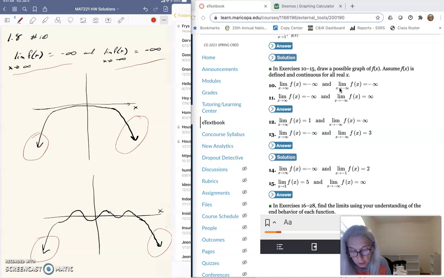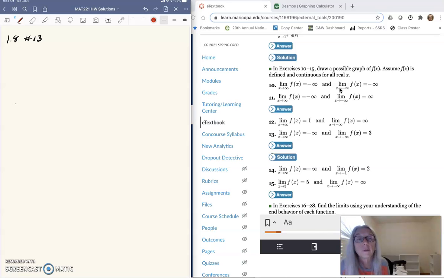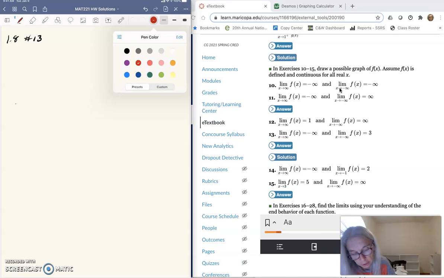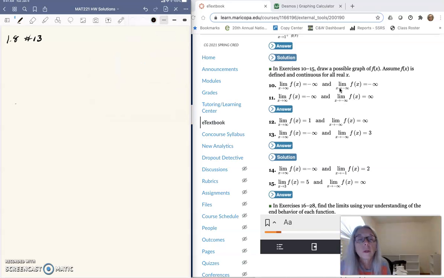So let's look at section 1.8, number 13. In this problem, it's again asking for the limit of f(x) as x approaches positive infinity being equal to negative infinity, just like last time.